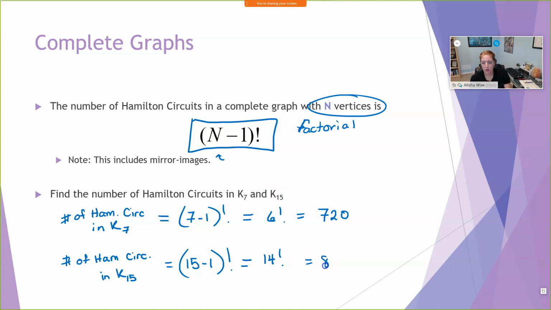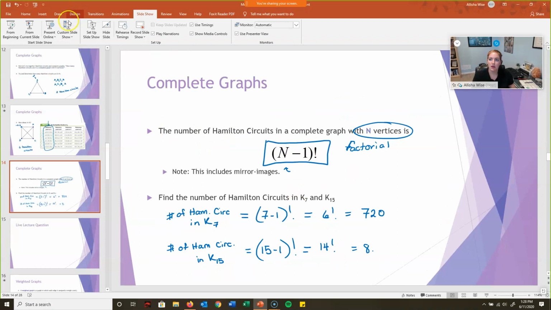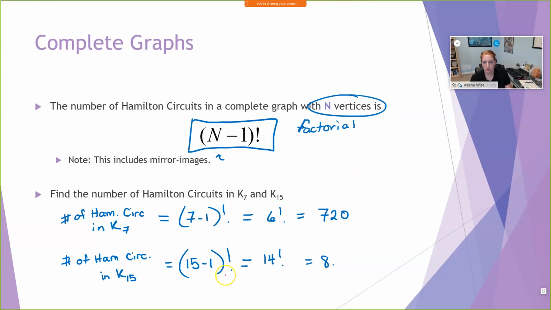It's like 8.71782 times 10 to the 10th power, which is just basically moving that decimal 10 spots to the right. Essentially, it's like 8 billion, I think. So we're just going to end with 14 exclamation point.